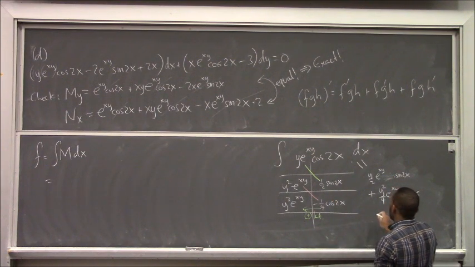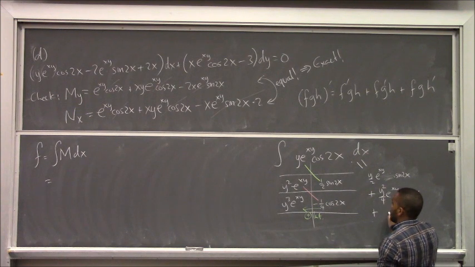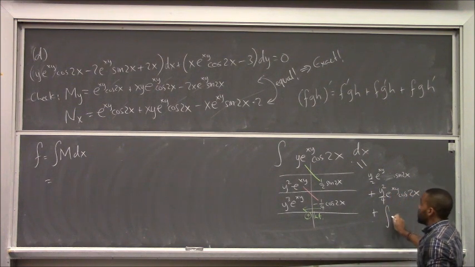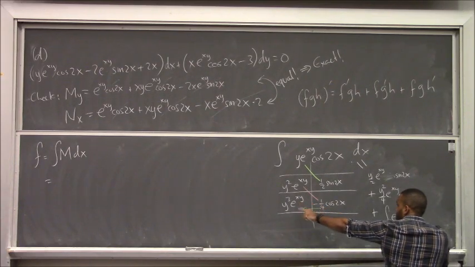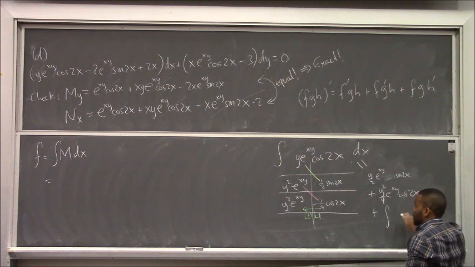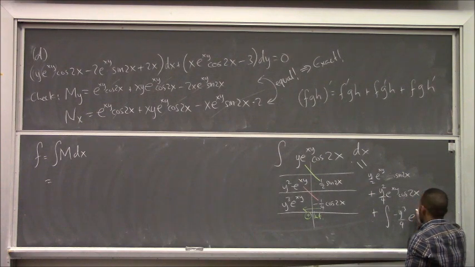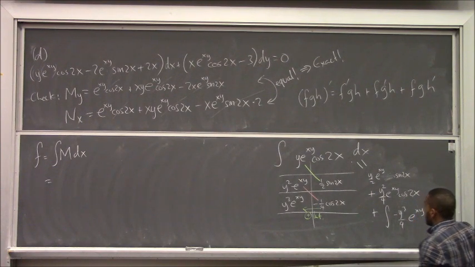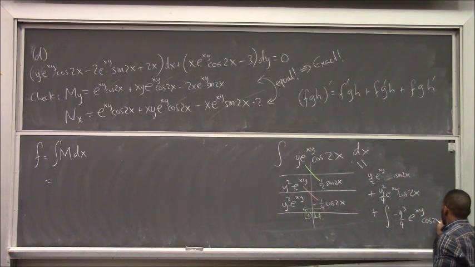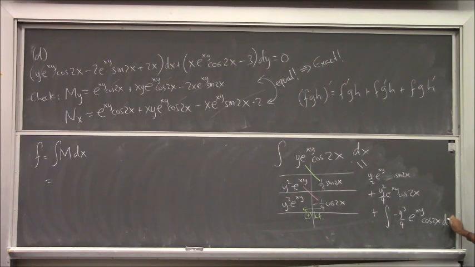And then I'm going to add the integral of e to the xy, because I'm multiplying this across, of minus y cubed over 4 e to the xy cosine 2x dx.